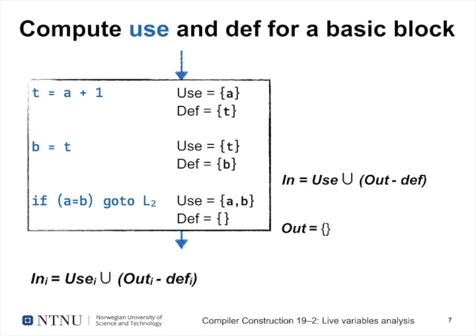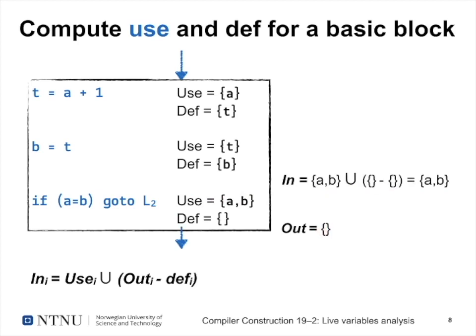So now for our analysis of the whole basic block, we start at the end of the basic block and we set our out set to the empty set, and accordingly our in set, we construct it according to our formula, is the use joined with out minus def. And so now we can replace use and def in this formula here.